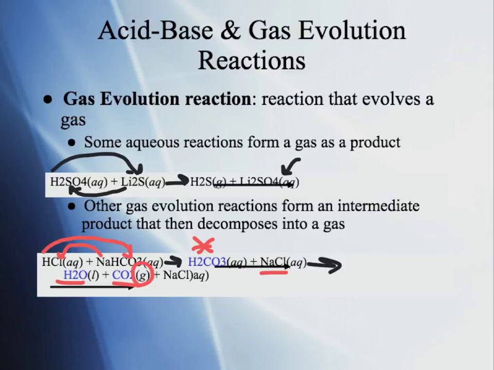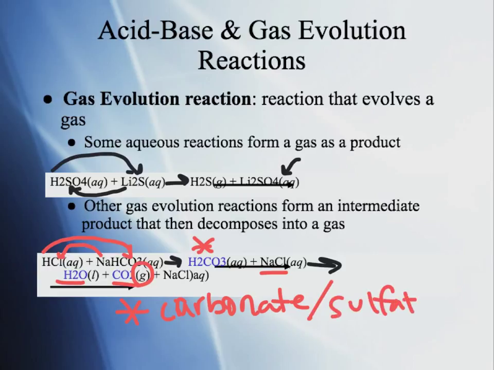Okay, so a lot of the carbonates and sulfates are going to be intermediates for a lot of gas evolution reactions. All right, so kind of look for if something has a carbonate in it, or a sulfate. Okay, actually bicarbonate or bisulfate. Usually they're going to have an intermediate step, an intermediate product that will decompose into some kind of gas and water.